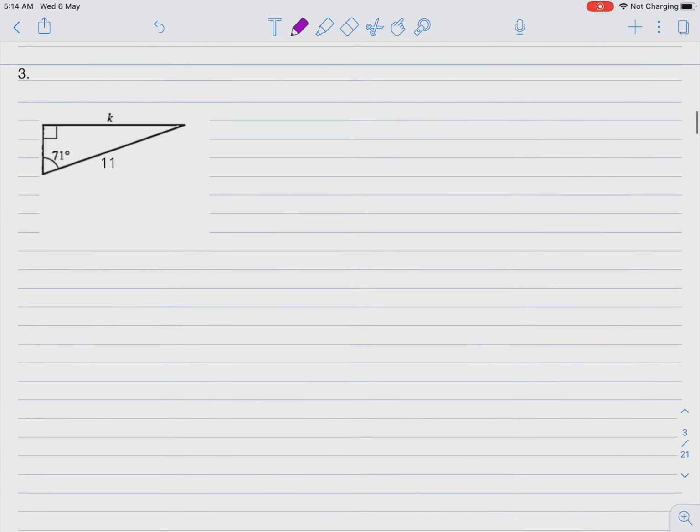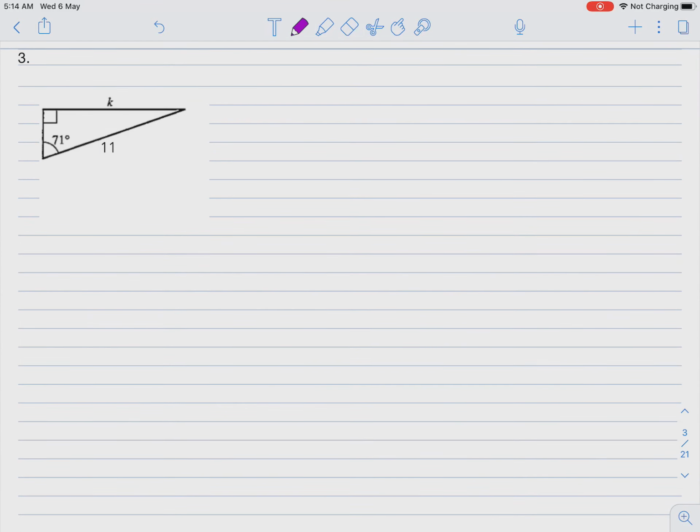Next, here I have k and 11. Now k is the opposite and 11 is the hypotenuse. So this means again SOH CAH TOA: SOH means sine is equal to opposite over hypotenuse. These are the ones: the one that is given, which is the hypotenuse, and the one that is required, which is the opposite.